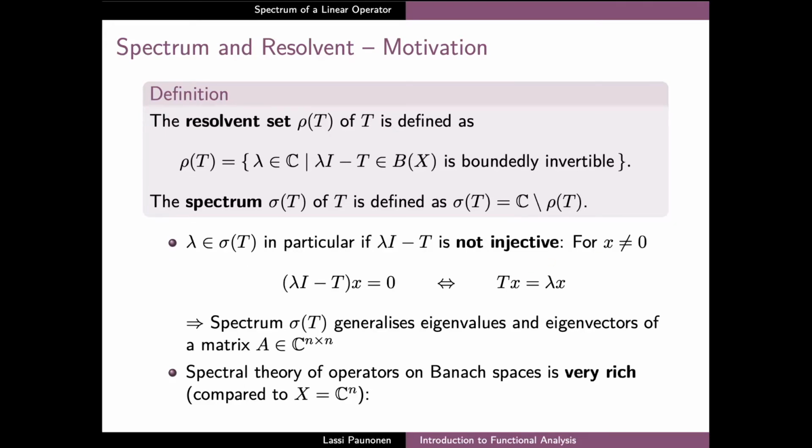One particular way that the operator lambda I minus T can fail to have a bounded inverse is that it is not injective. By definition, this means that there exists a non-zero vector x such that the image of this x under the mapping lambda I minus T is equal to 0. And alternatively, this condition can be expressed as the image of x under T being mapped to the scalar multiple lambda of the vector x.